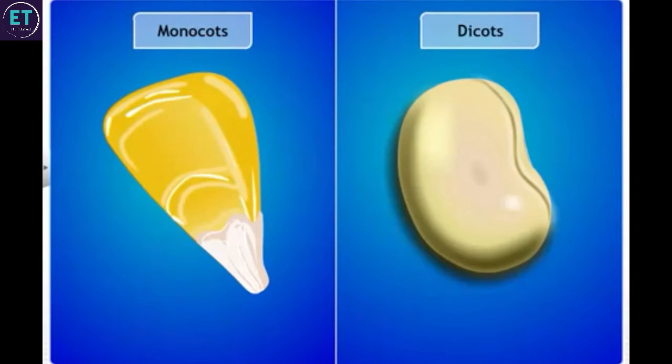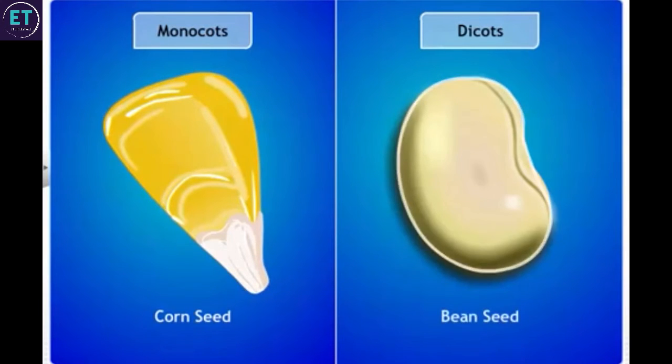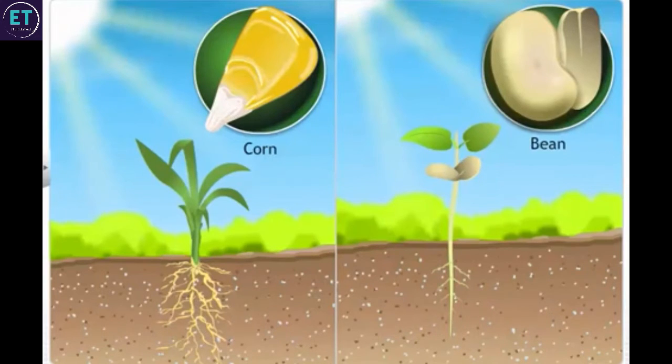Let's look at some other differences between monocots and dicots. We will use a corn seed as an example of monocot and a bean as a dicot. Examining the parts of the corn seed and the corn plants, you can see that the corn seed is a single whole seed.